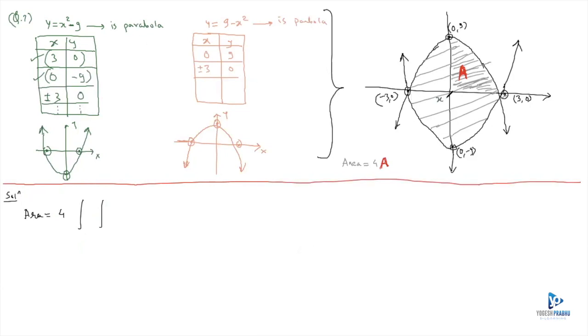x is from 0 to 3. It's only from here up till here. So x is from 0 to 3. And tell me what is the limit range of y? 0 to 9?